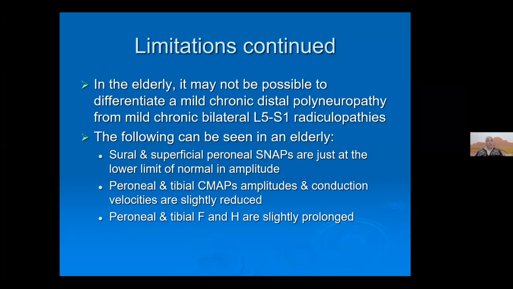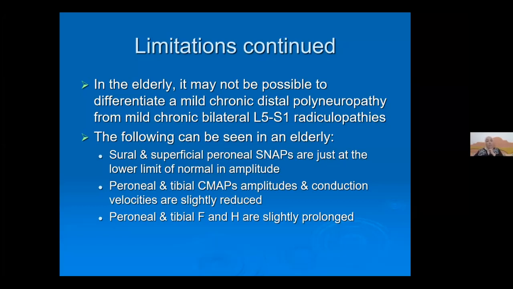In the elderly, I can find sural and superficial peroneal abnormality or lower limit of normal amplitude. So the sensory nerve action potential may be low normal. I can be mixed up and say, oh, it is not a radiculopathy, while this is a totally unrelated finding related to the age of the patient. The patient might still have radiculopathy.